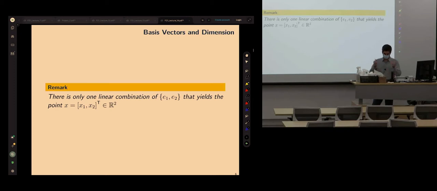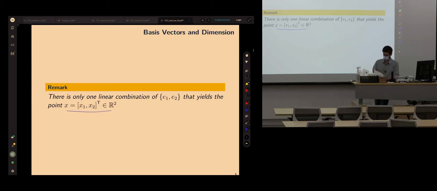But the fact is that you can only have one linear combination of these two vectors. It will uniquely identify x in the space R2. So it covers the whole space, linear combinations of E1 and E2, and each vector is identified uniquely.